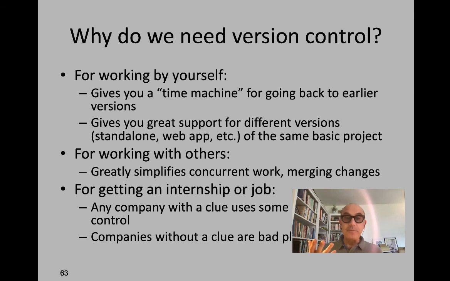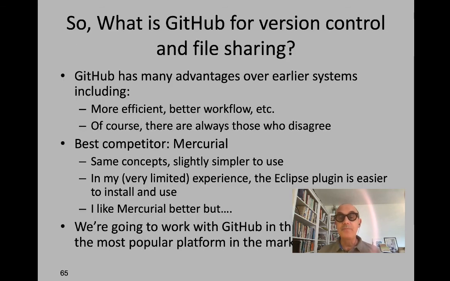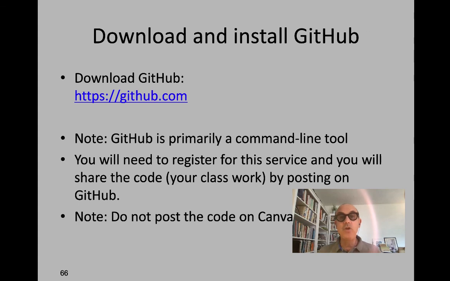So to get an internship or a job, any company will use version control, because they don't want you to write code without anyone else seeing it, in order for them to see what you are doing. So this is part of the culture, and you're going to use it, and you're going to share it in your blog when you write your blog, and share the files that you created.